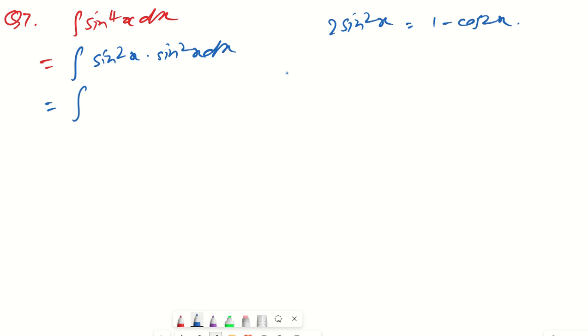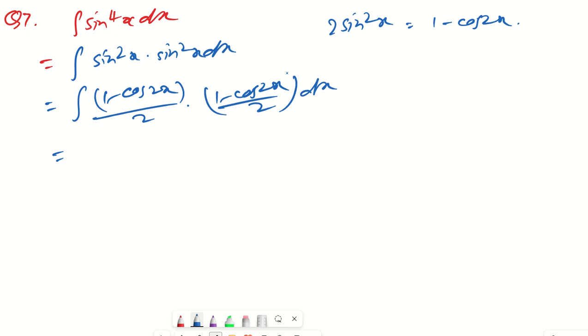Our cos 2x was 1 minus 2 sine square x, so from there we get this. So we can write it down as 1 minus cos 2x by 2 into again 1 minus cos 2x by 2.